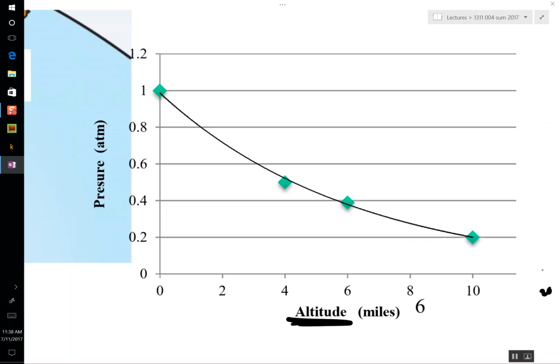It doesn't really have an abrupt stop, but it's so thin that we're going to say we're at the end of it. If you get out above there, you're out of our atmosphere. But notice that, so 20 miles out.